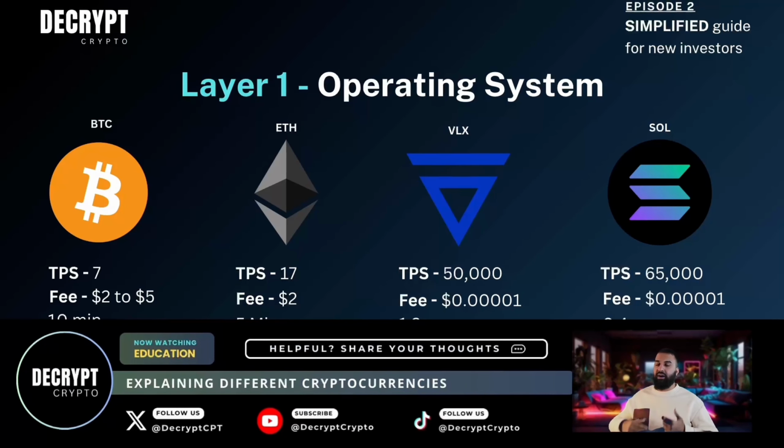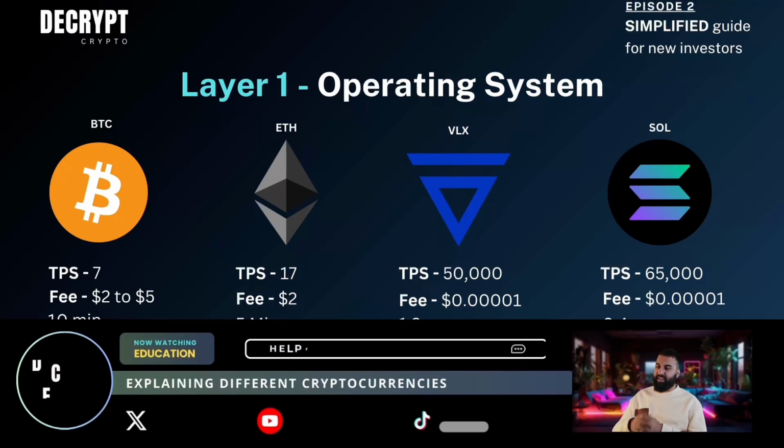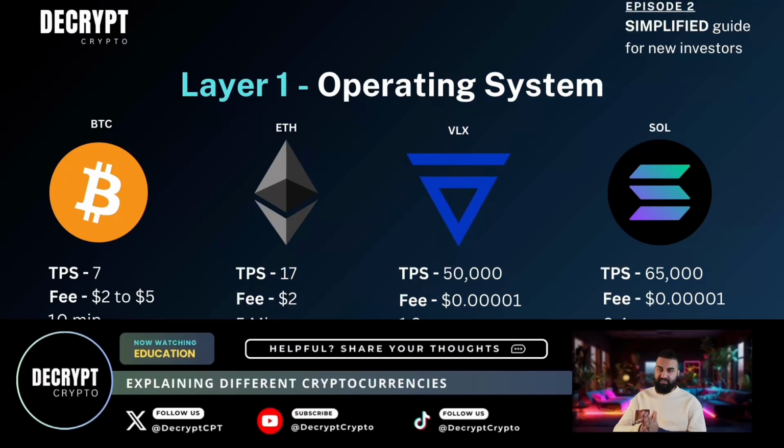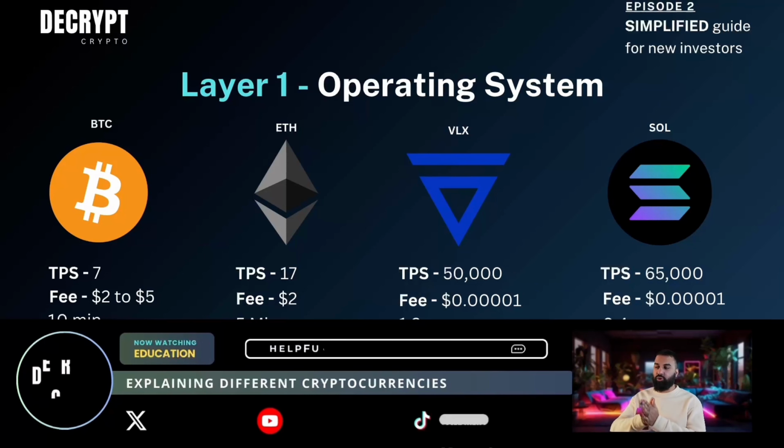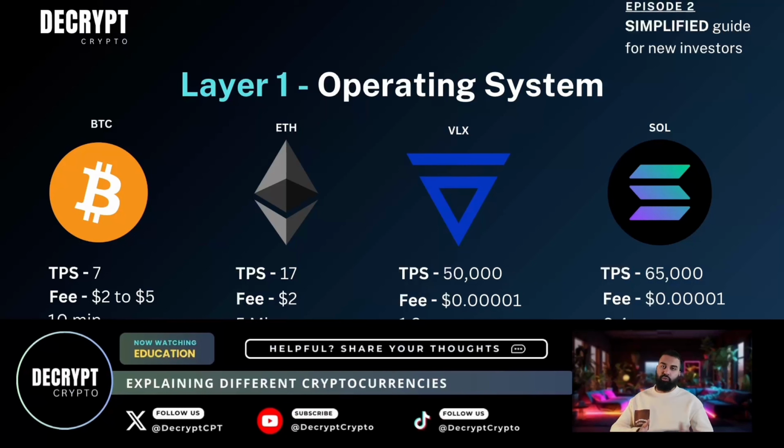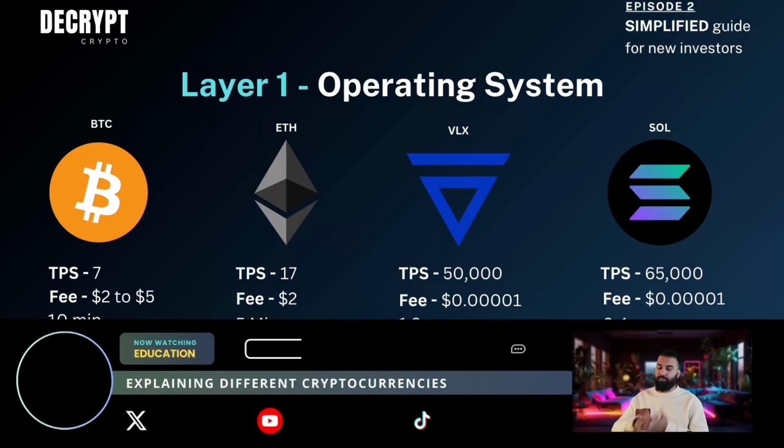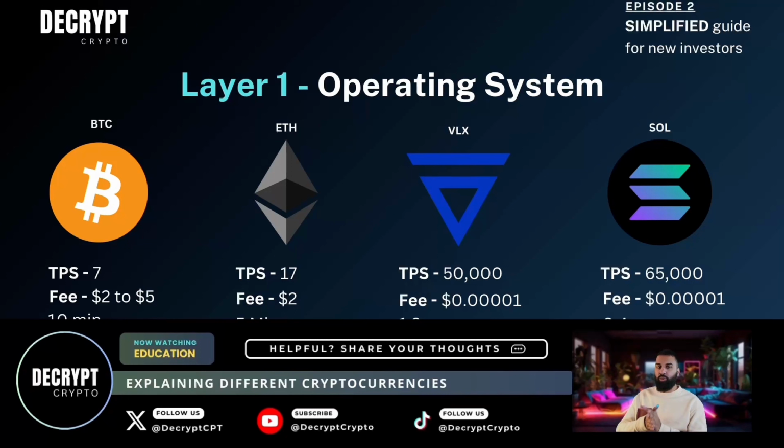Okay, so the way that I like to describe layer 1 solutions is as if it's an operating system. It's needed in order to allow other projects to thrive. You need an operating system. The way that you have a laptop, the hardware on the laptop is useless if you don't have the software. And the software in this situation is what we call layer 1, the operating system for cryptocurrencies.